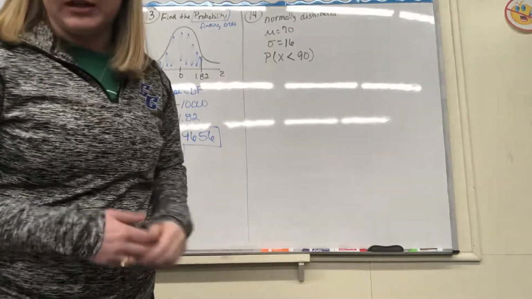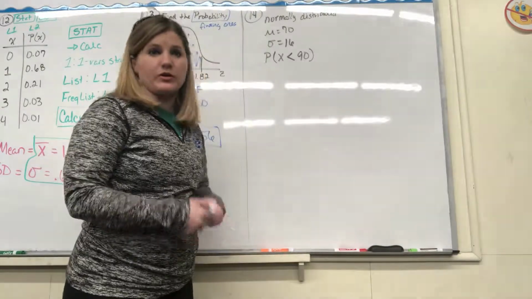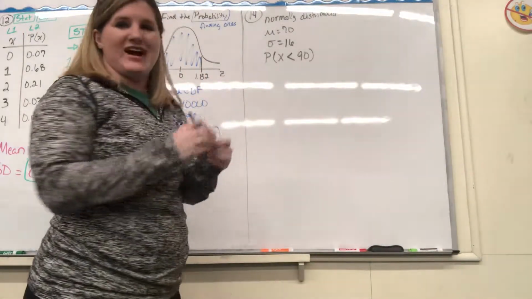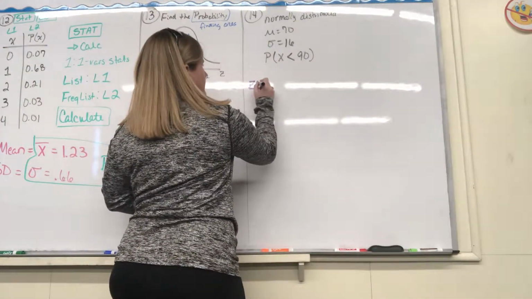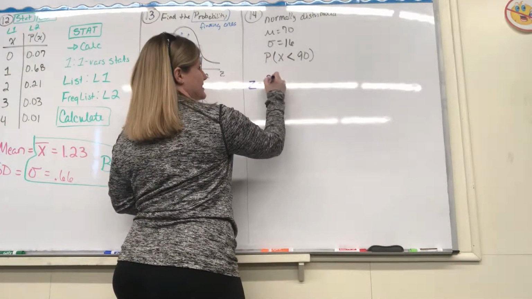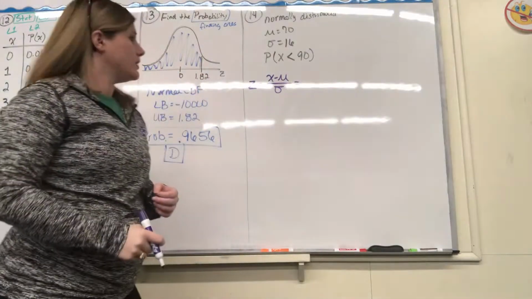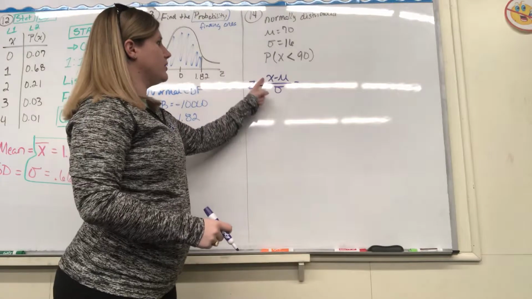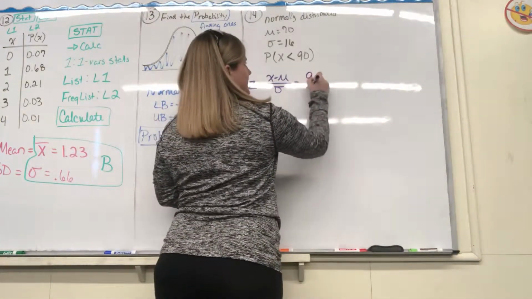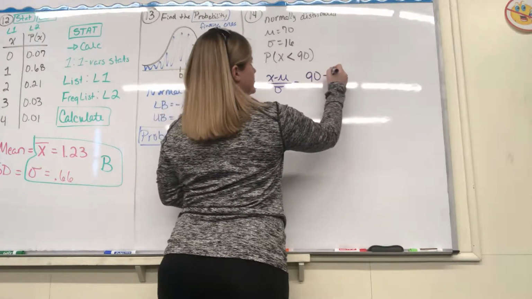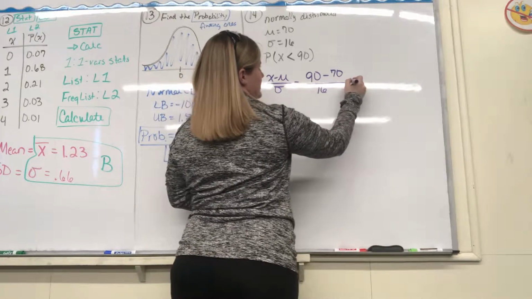So first thing that we need to do is compute our Z-score. Remember, to find that Z-score, we have our formula, Z equals X minus mu divided by sigma. So plugging in what we know, our X value from our probability statement is 90, minus mu, which is 70, divided by sigma, which is 16.